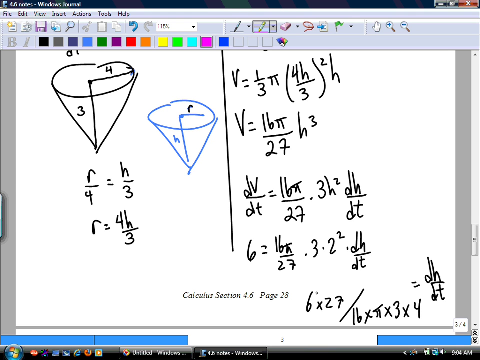Well, 6 cancels with the 3 here and the 2 there, and then the what? 1 over 2.